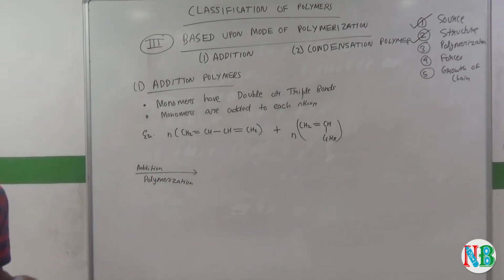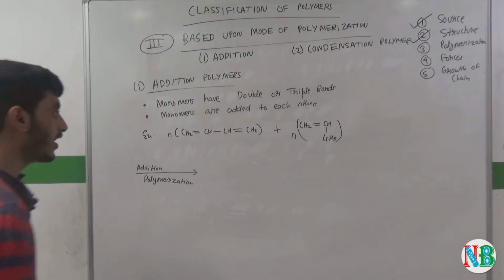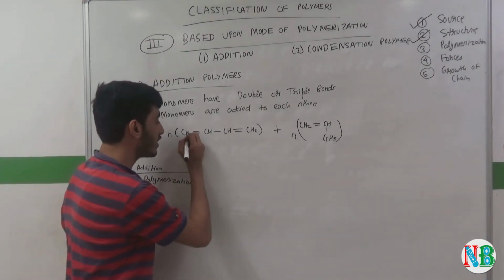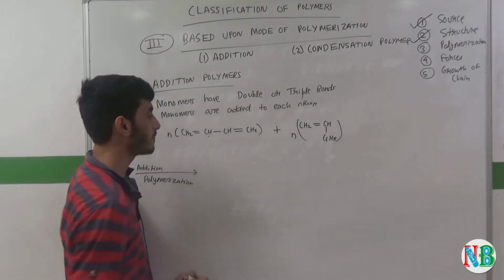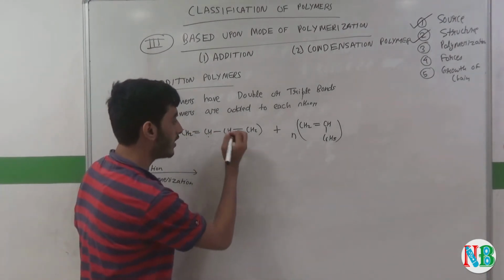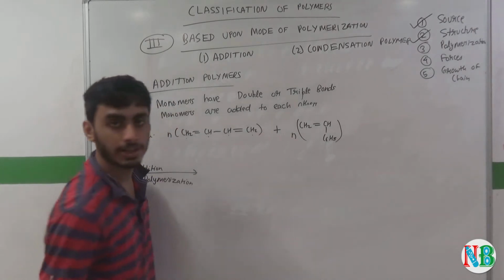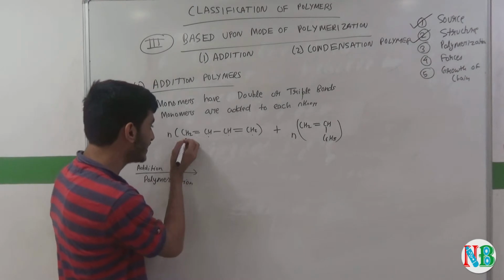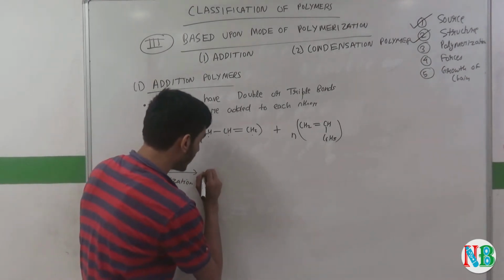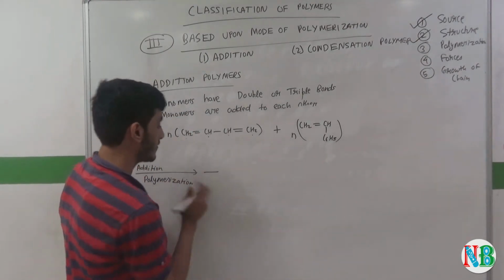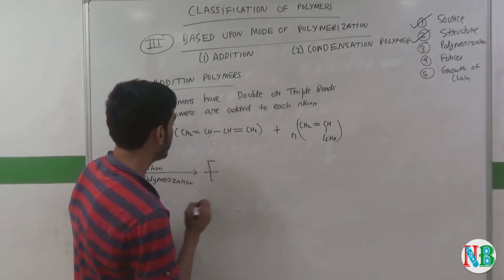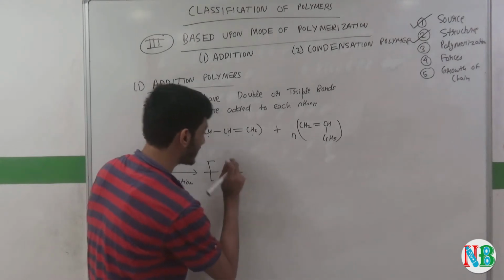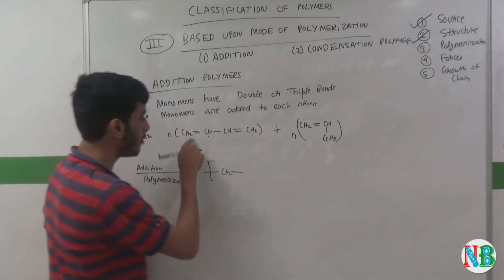So what will happen in the end? Let's count it. This bond will break into one electron over here, one electron over here. This bond will break into one electron over here, one electron over here. Just add these electrons over here. So make one bond for this end, CH2 over here, single bond.